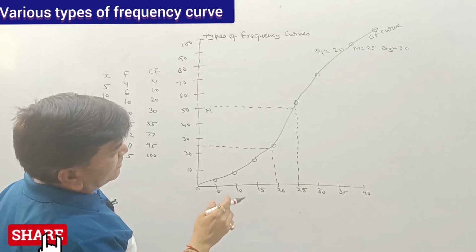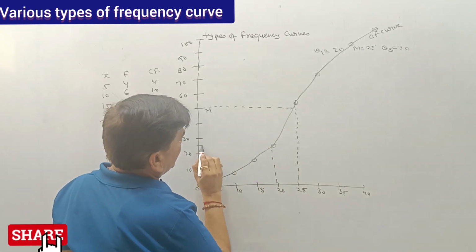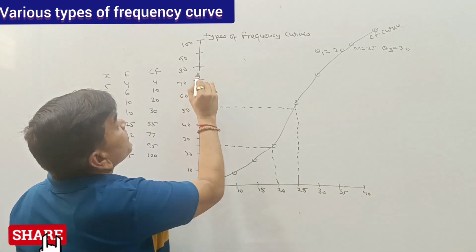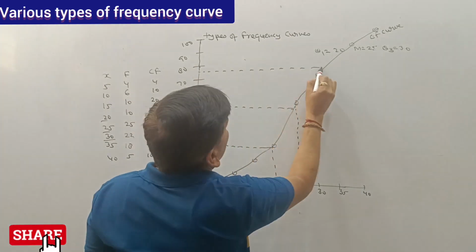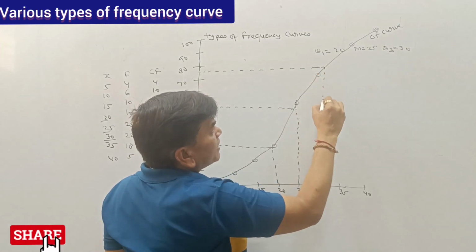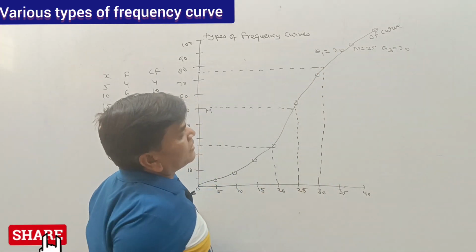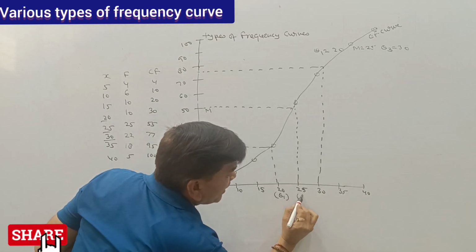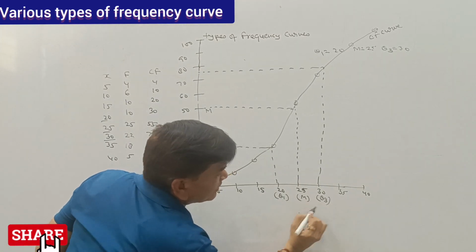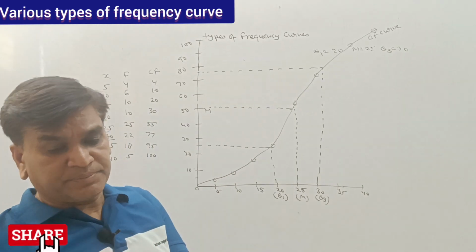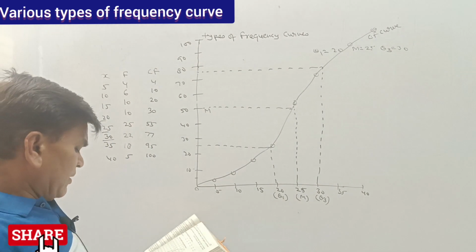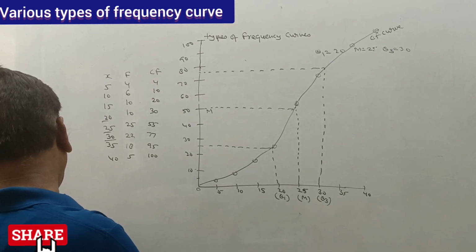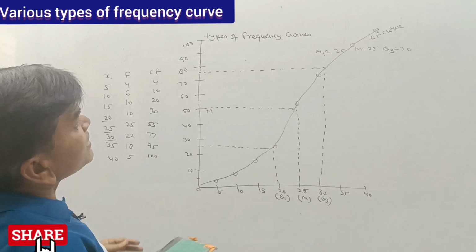If you go to the graph paper, you will get an accurate answer. If 75 is there, the value will be 30. So with the help of this, you may get the value of Q1, the value of median and the value of Q3. So this is called the ogive curve.